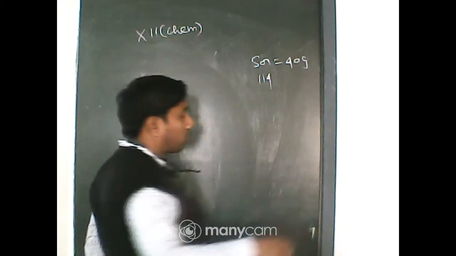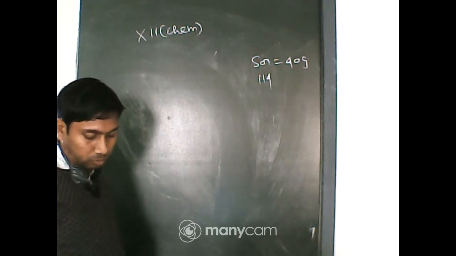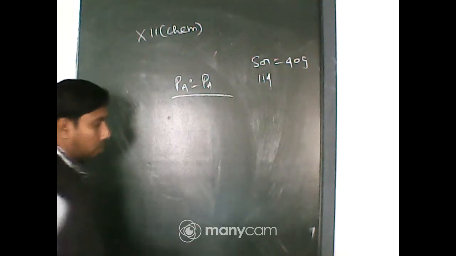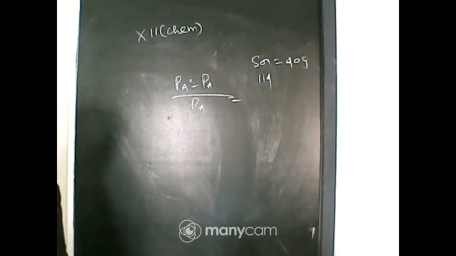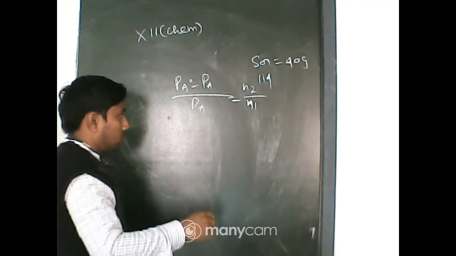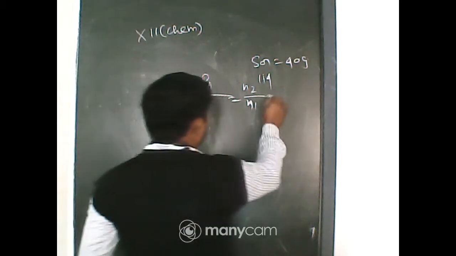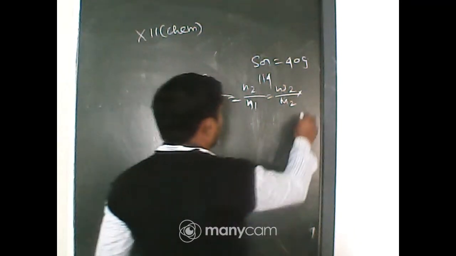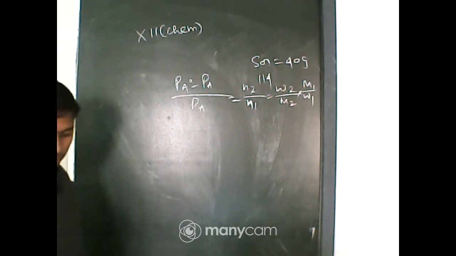Now here we have to apply Raoult's law, that is (PA0 minus PA) by PA equal to n2 by n1, that is W2 by M2 into M1 by W1.